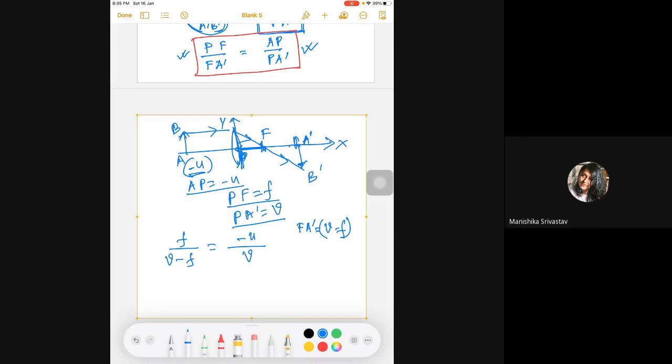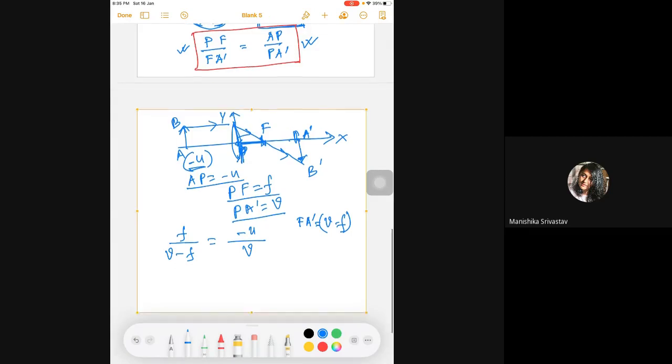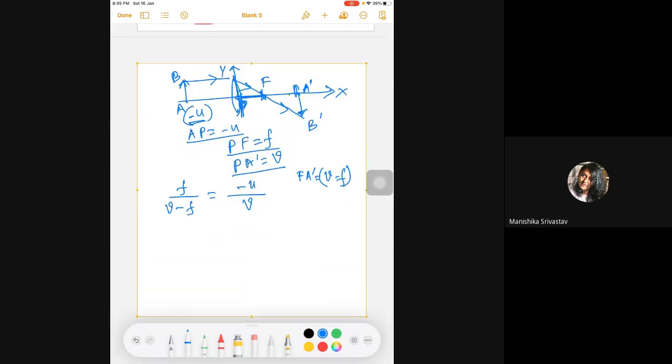Okay, now it is up to you how you solve this particular algebra. So this is the equation you got. To me, I'll just turn it upside down: v minus f by f, and I'll put minus v by u.